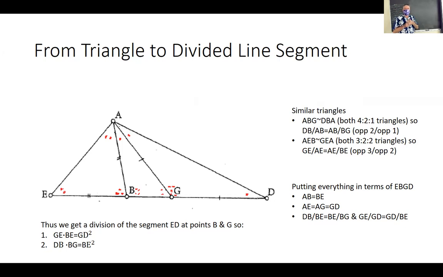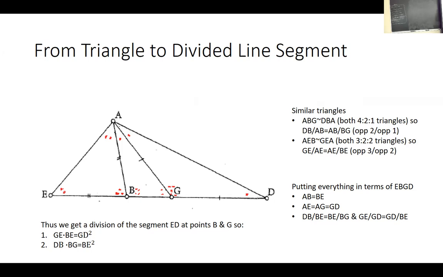And once we have similar triangles, that means that the ratios of their sides have to be equal. So from ABG and DBA, that means that DB over AB is the same as AB over AG, because we're looking at the side opposite the 2 angle over the side opposite the 1 angle. So the side opposite the 2 angle is AB over BG, it's there.